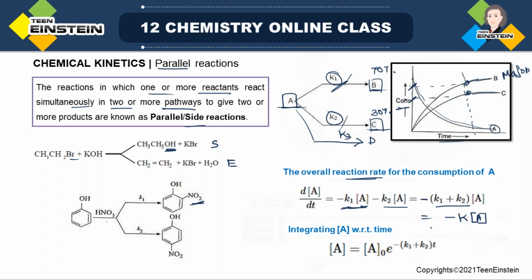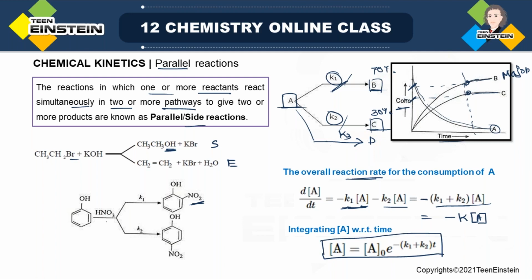Now from this expression, that is dA/dt equal to minus (K1 plus K2) into A, if we do integration, the detailed integration process I have not mentioned, and that is not required. You just have to remember this final expression.